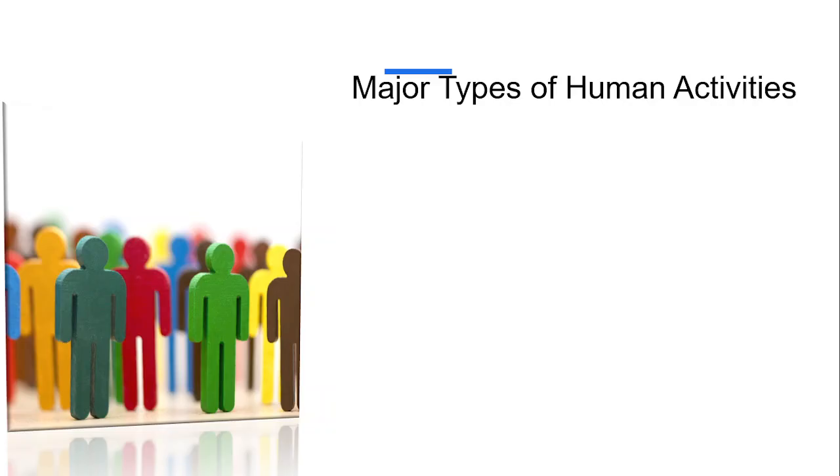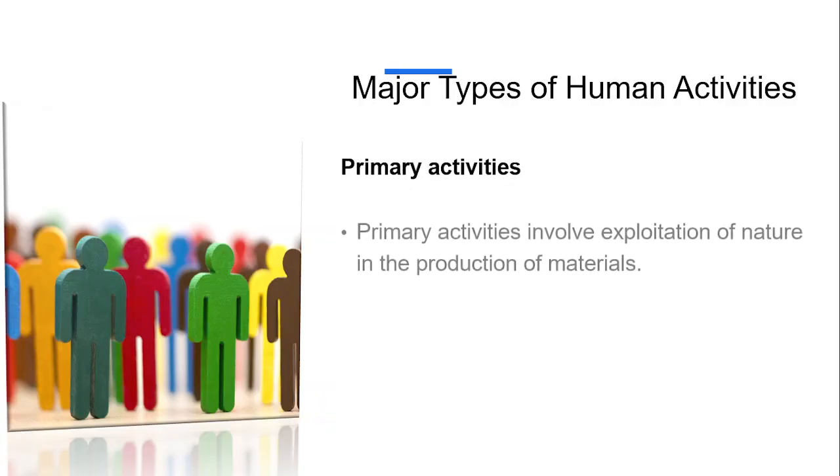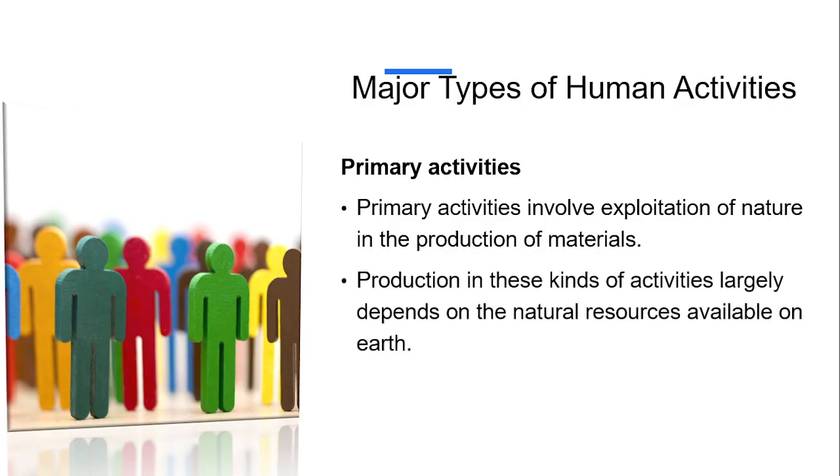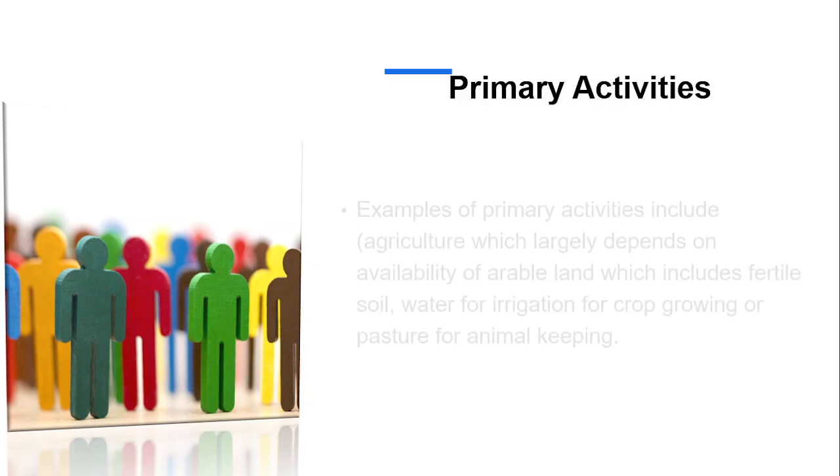So here are some of them. The first one is the primary activities. The primary activities involve the exploitation of nature in the production of materials. Production in these kinds of activities largely depends on the natural resources that are available on the earth. So that's the primary activities.